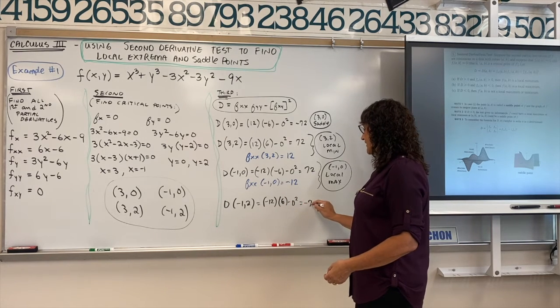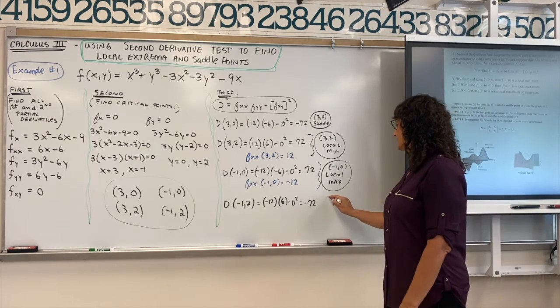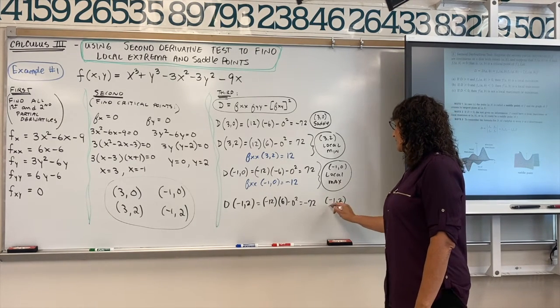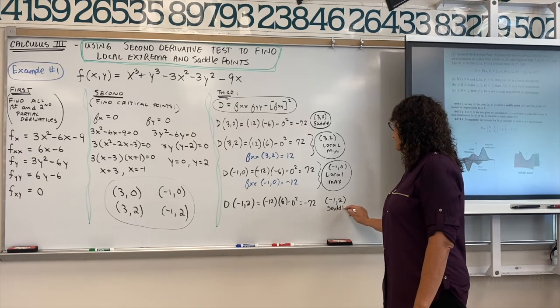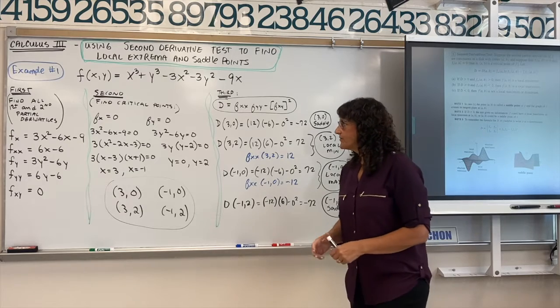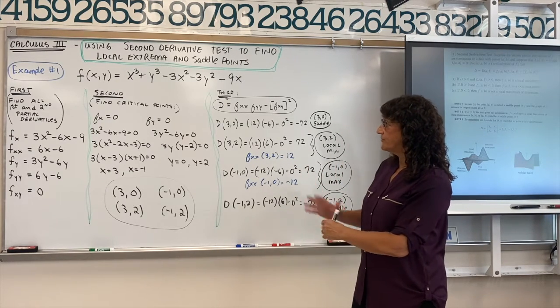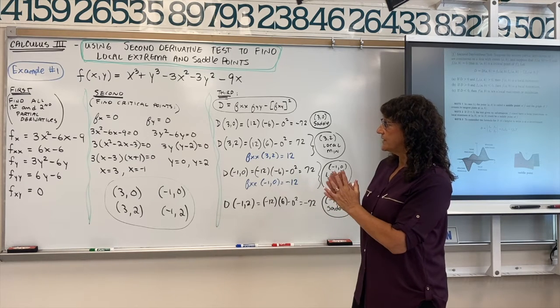This is a negative 72. The D value comes out negative, so we found another saddle point. So this is how we classify them. Then we need to find the values of our extrema so we can see where we're at, but this is how we classify them.